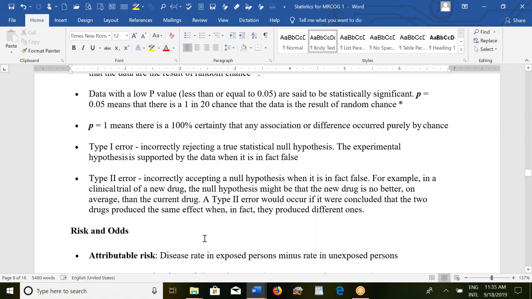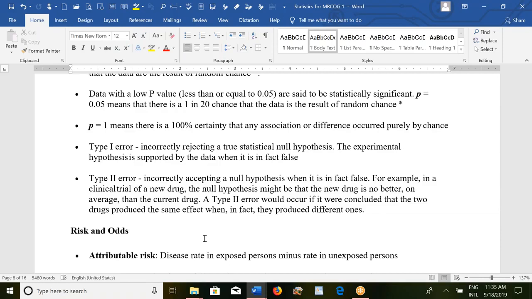That is the error. So again I will repeat for you because you are going to see these things. Type 1 error, incorrectly rejecting a true statistical null hypothesis. The experimental hypothesis is supported by the data when it is in fact false. Type 2 error, incorrectly accepting a null hypothesis when it is in fact false.